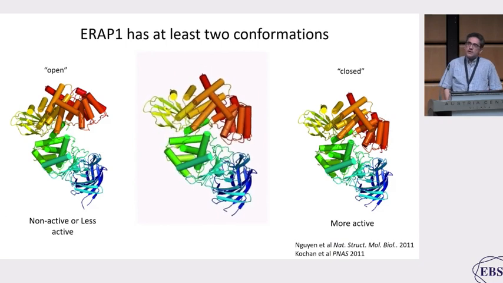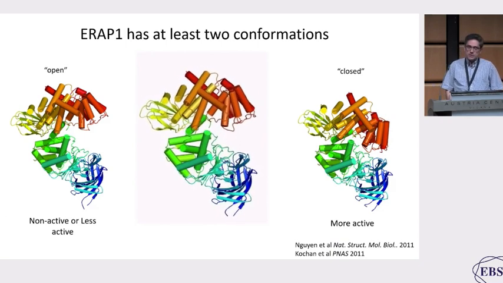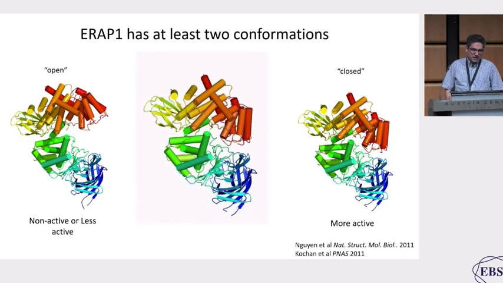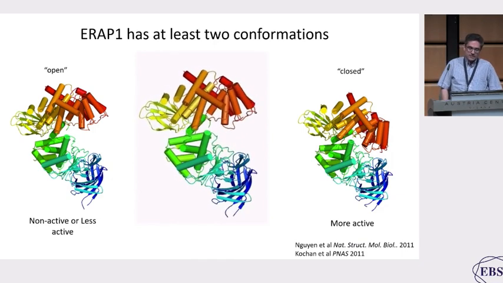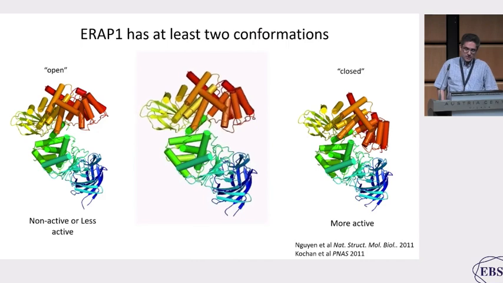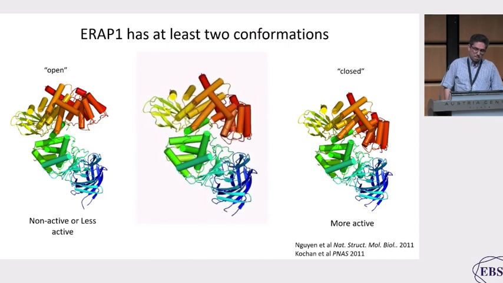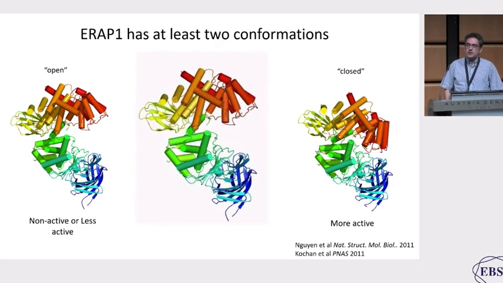So we now know the structure of this enzyme, and it has been crystallized several times now in at least 2 conformations. One, which is shown on the left, is a more open conformation, has a large cavity in the middle that leads to the active site, and the one on the right is a closed conformation, which turns out to be actually the more active one. In the middle is a morph showing how we think these 2 conformations interact with each other.